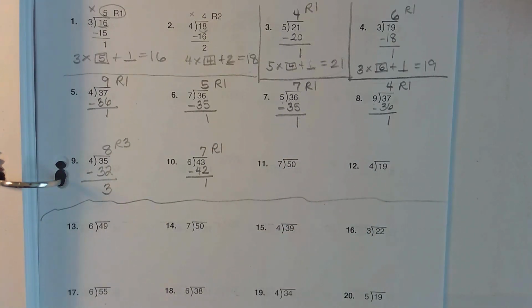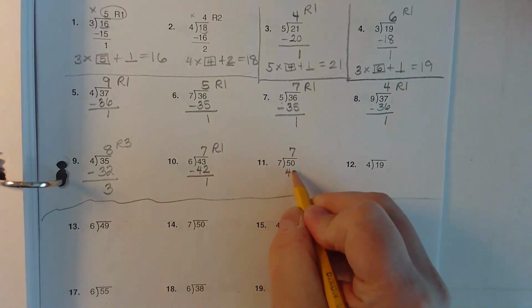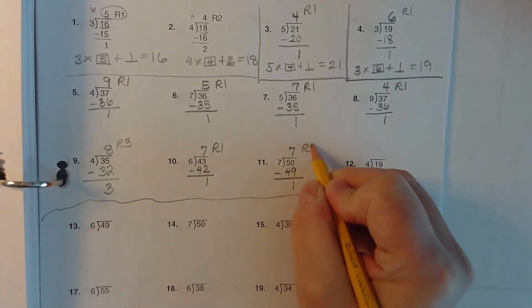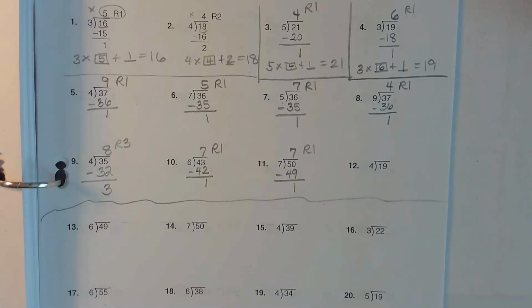Okay? Moving on to number 11. Count by 7s. 7, 14, 21, 28, 35, 42, 49. 7 times 7 is 49. Subtract to get your remainder of 1.